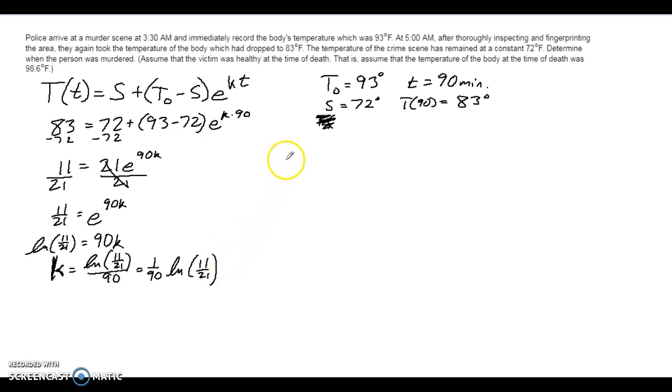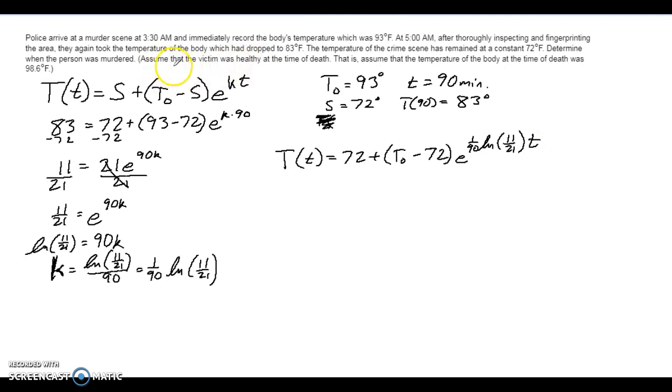So that tells us for this particular scenario, we have the temperature after time t is equal to the surrounding temperature plus our initial temperature minus the surrounding temperature, e to the 1/90 natural log of 11/21 times t.